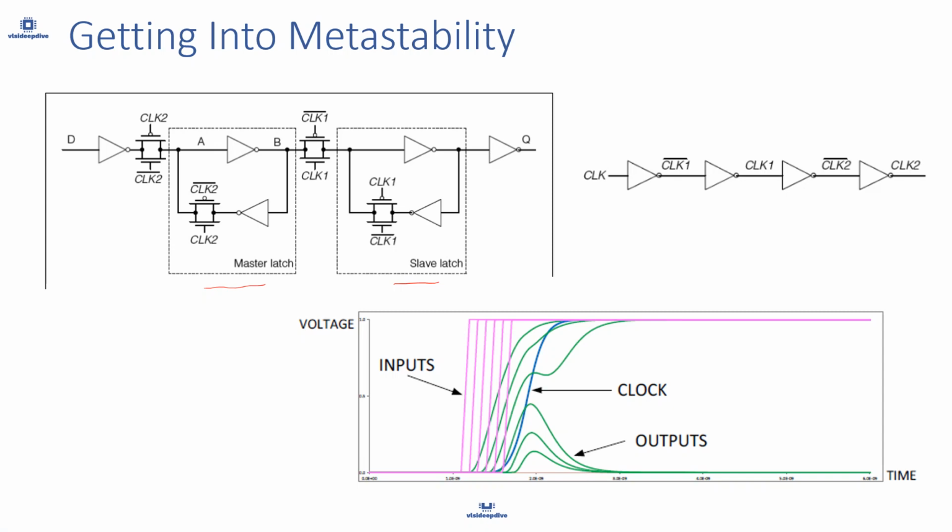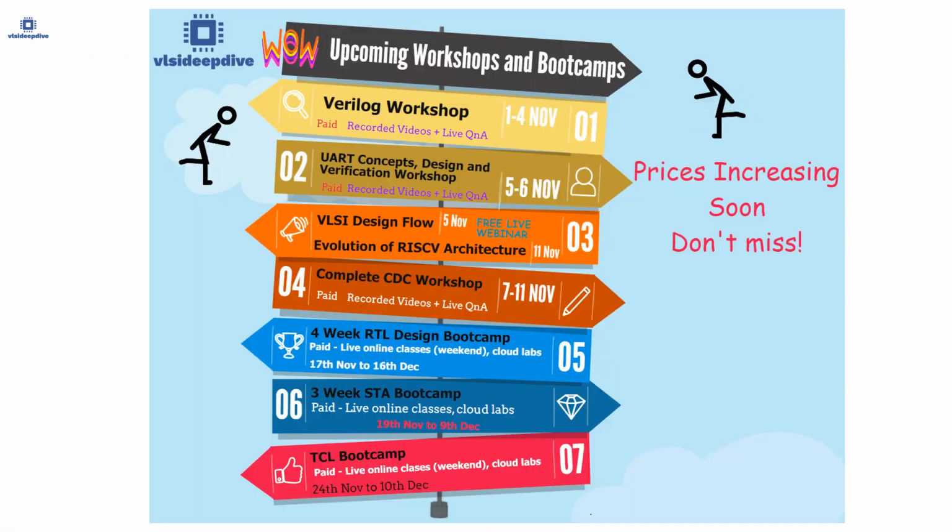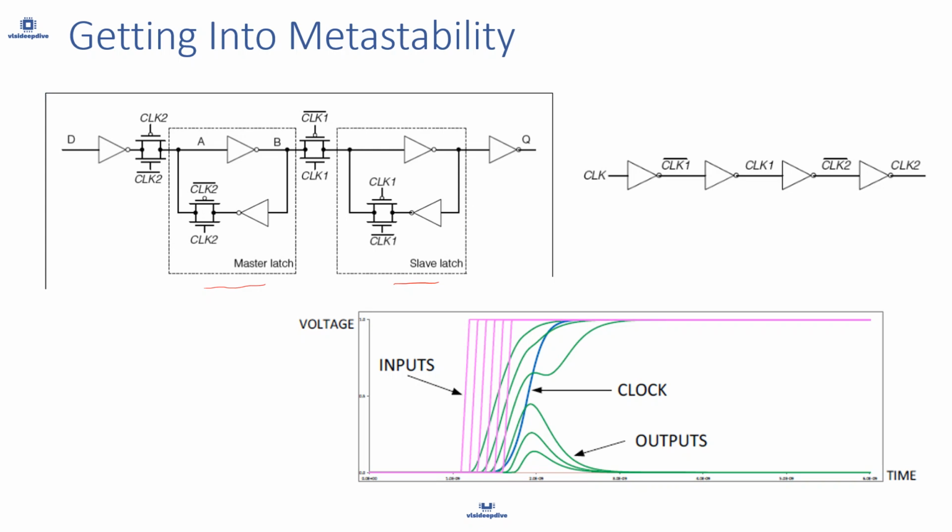Now consider this flip-flop and assume the clock is low. So the clock is at 0 and it is going to high. We are here, clock is low, and let's say this node A is at 1. Now assume that D is changing from 0 to 1.